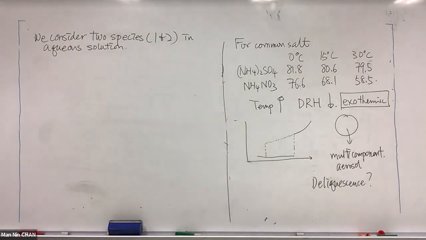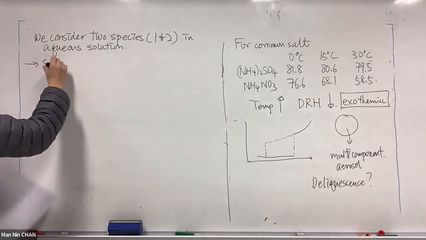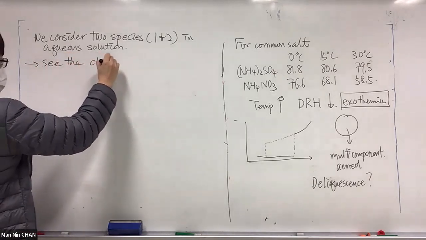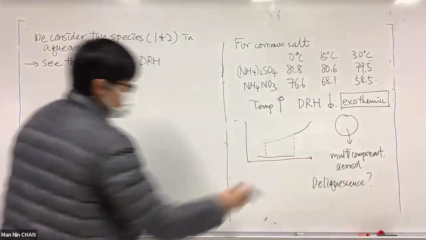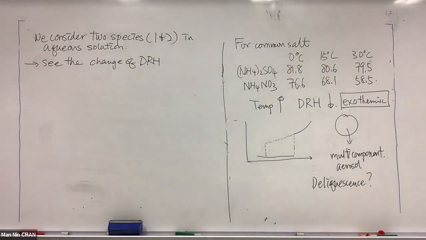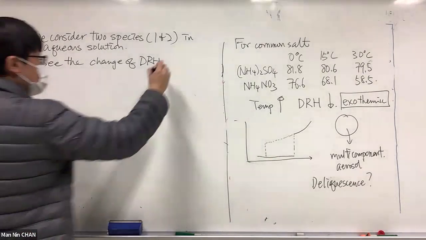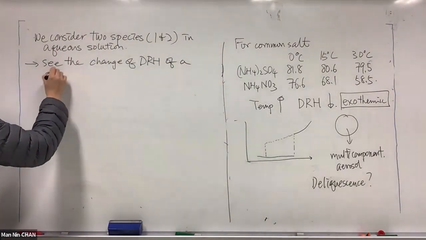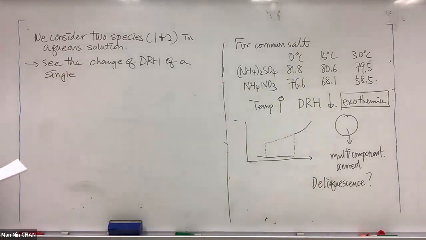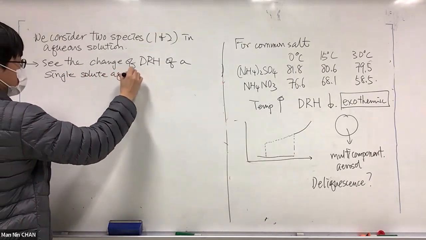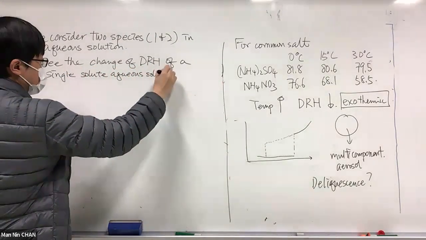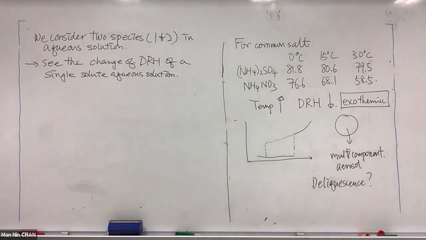And then what we want to discuss here is how the DRH, the deliquescence point, changes. Say if you only have one single species or single solid, aqueous solution, okay.